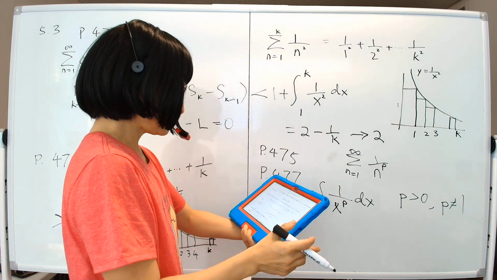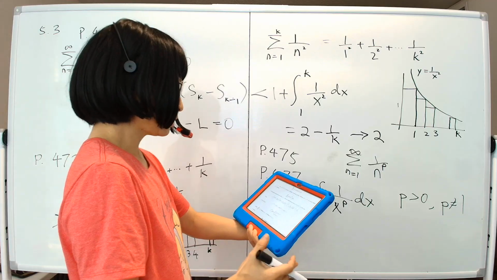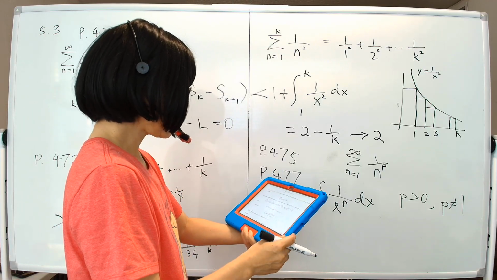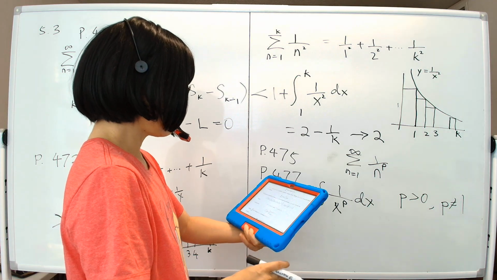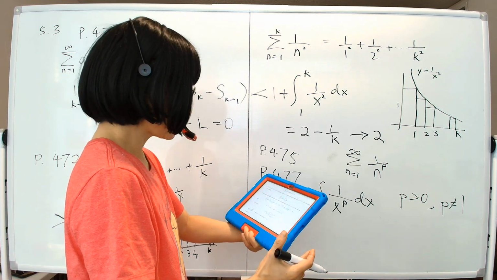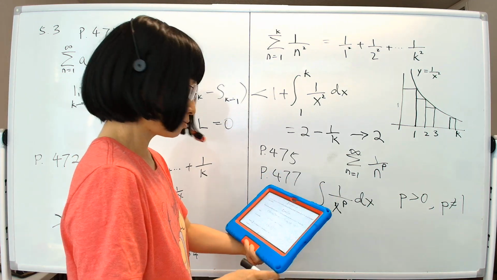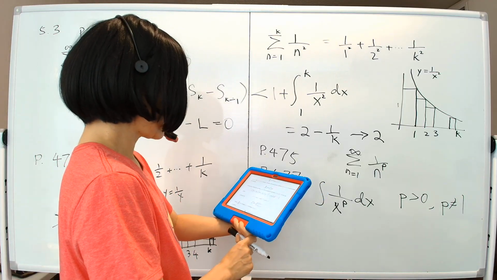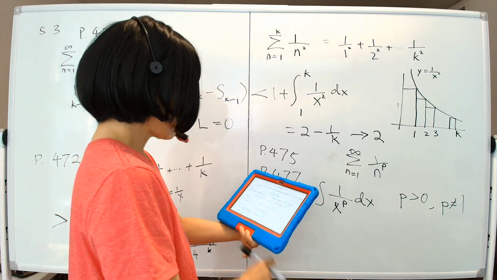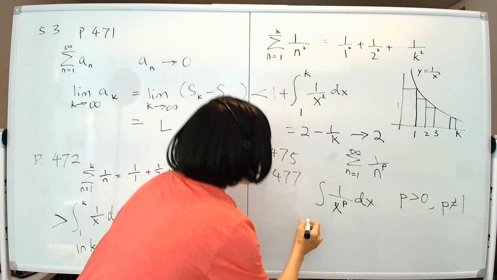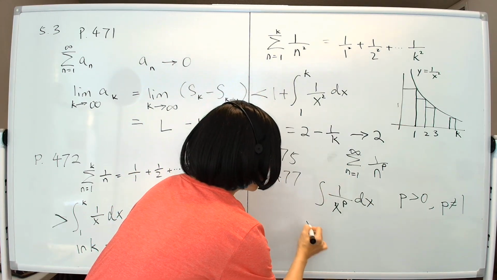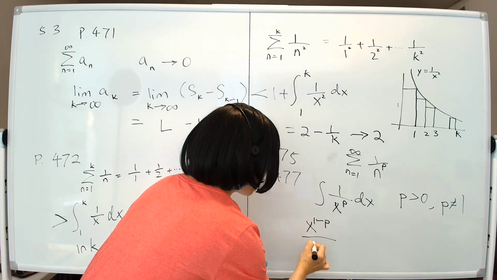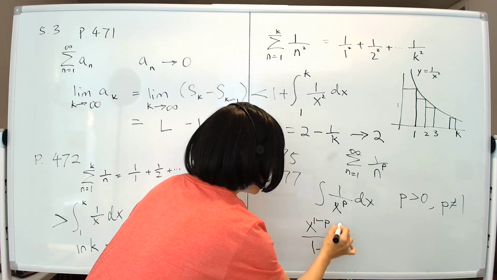We raise the power by 1, so it becomes x to the 1 minus p, divided by the power, 1 minus p.